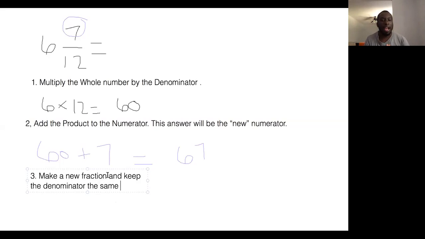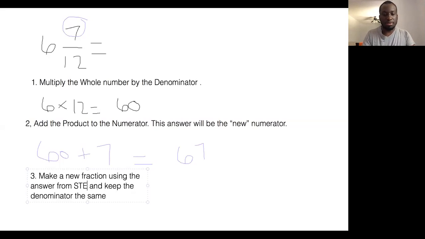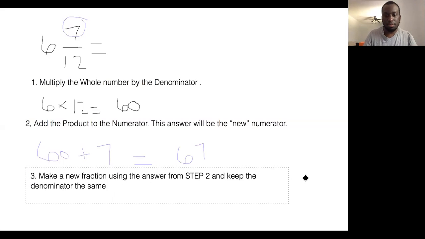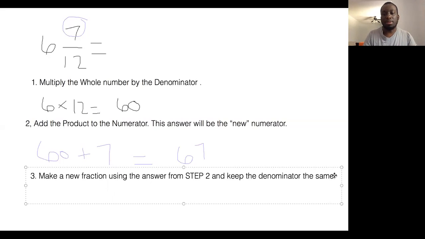Yes, you're going to make a new fraction using the answer from step 2 and keep the denominator the same. I like that so much better.